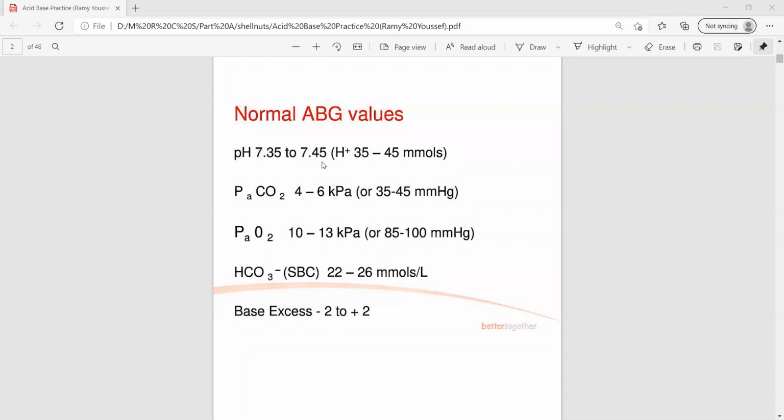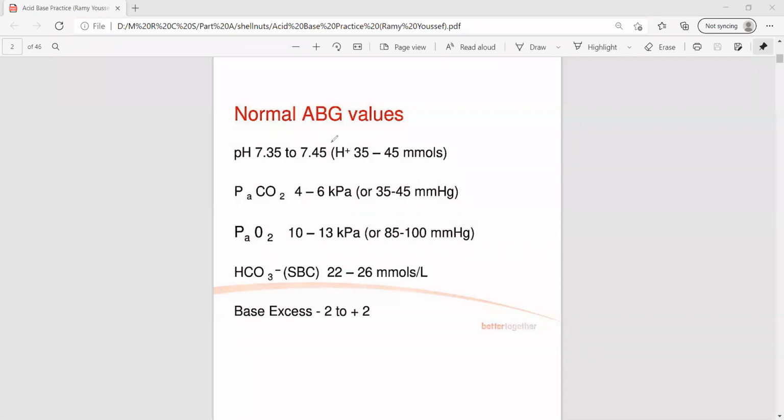Okay. Starting with ABG, you have to know the normal values. Very important, the normal values. You may need them in part A or part B, and you have to know every parameter in millimeter mercury.